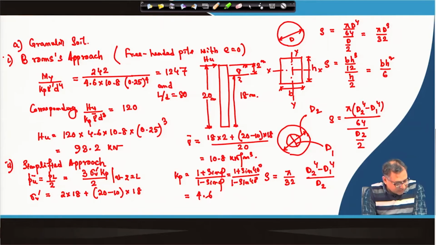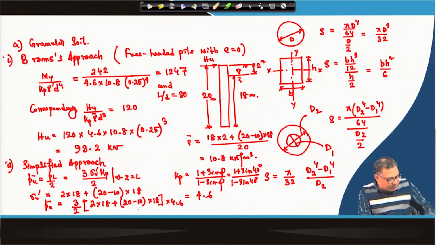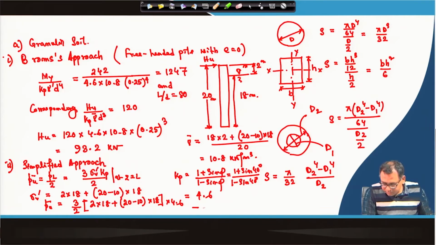Now if I calculate Pu bar, I get 3 divided by 2 into sigma v bar, 2 into 18 plus 20 minus 10 into 18, into Kp, which is 4.6. This value is equal to 1490.4 kilonewton per meter square.